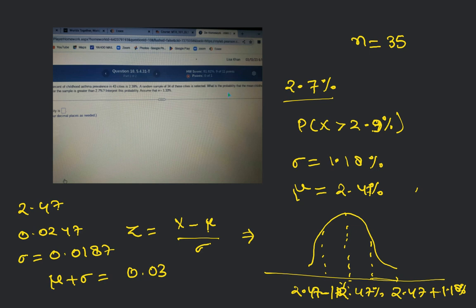Just give me a moment. Can you please add them both? What numbers? 0.0247 and 0.0118.